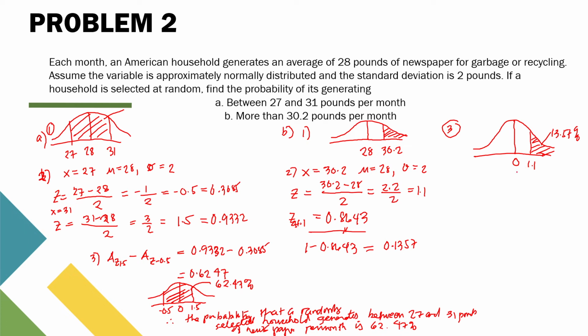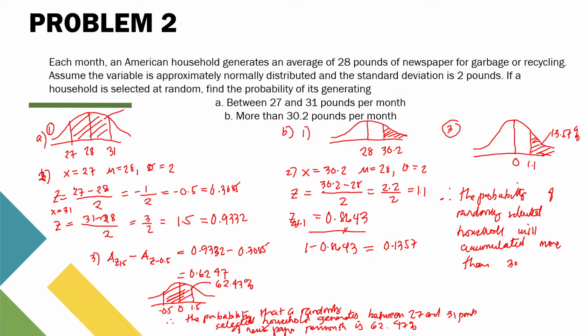So therefore, we could say that the probability of a randomly selected household to accumulate more than 30.2 pounds of newspaper is 13.57%.